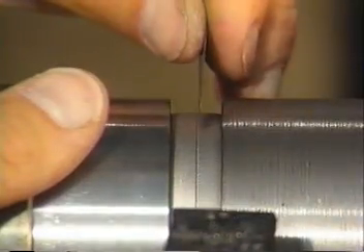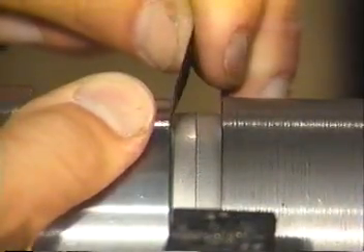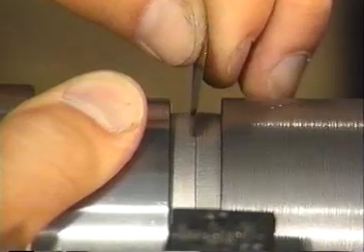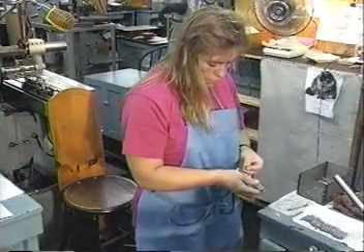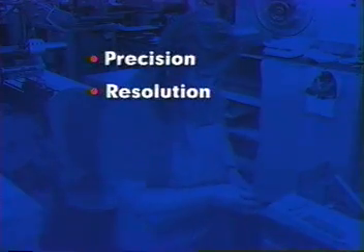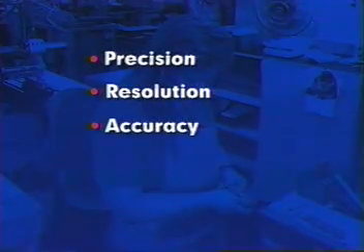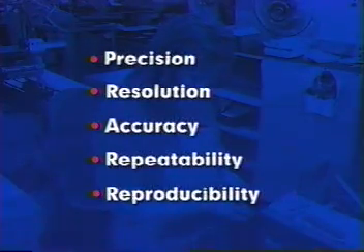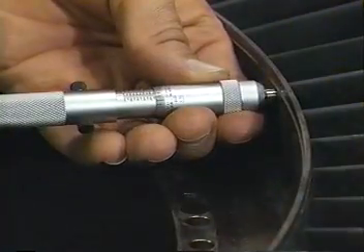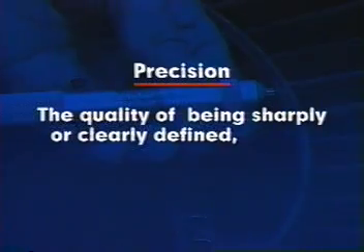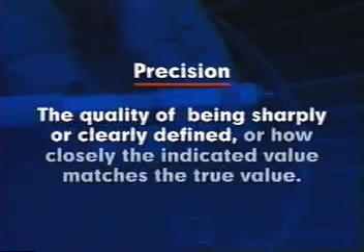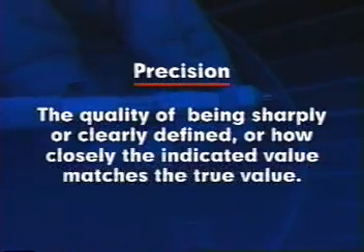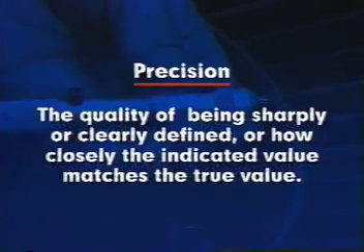Effective application of measurements and gauges requires an understanding of certain core concepts, including precision, resolution, accuracy, repeatability, and reproducibility. Precision is the quality of being sharply or clearly defined, or how closely the indicated value matches the true value.